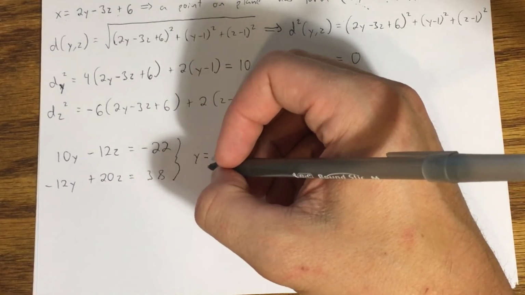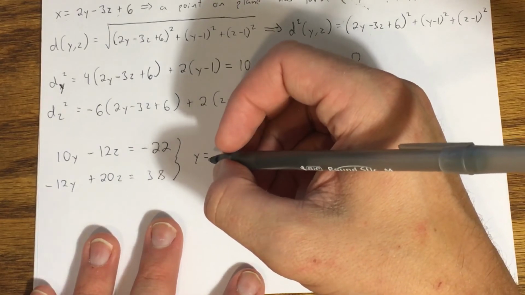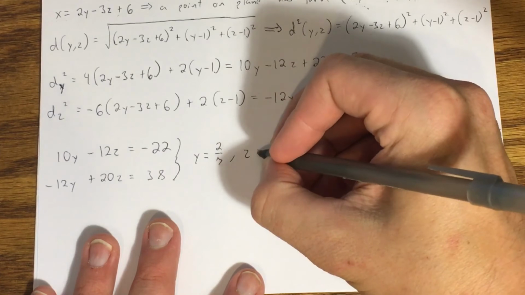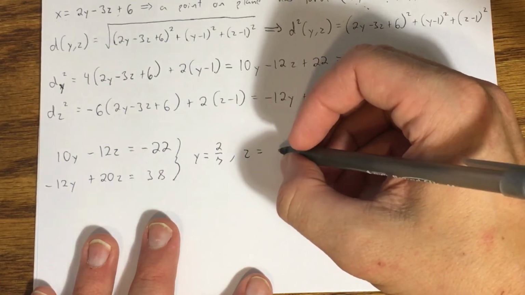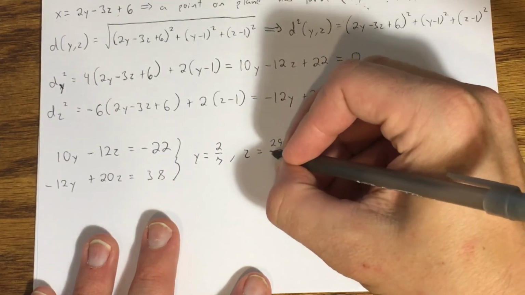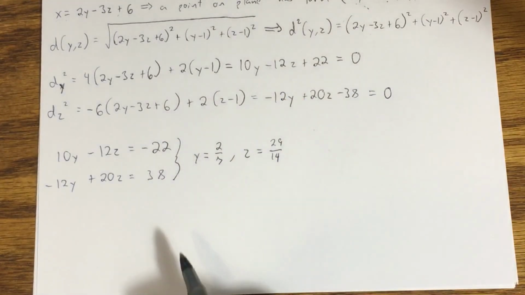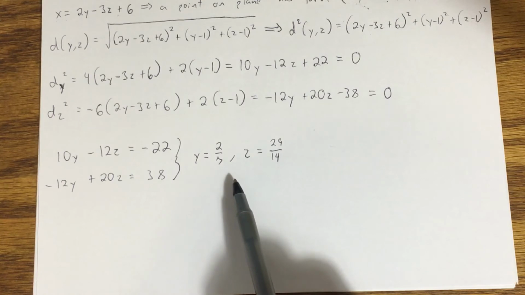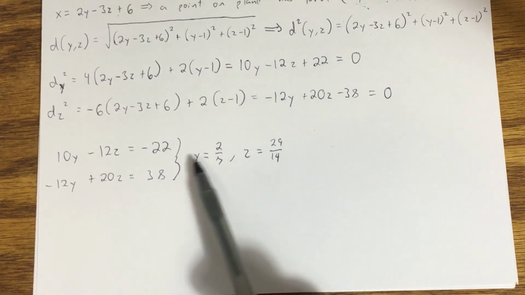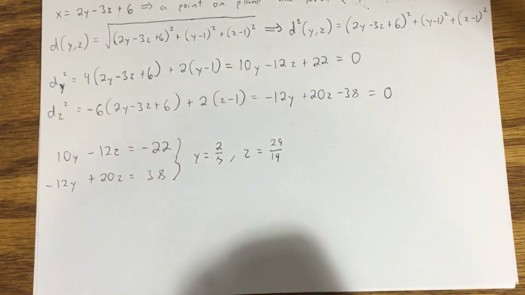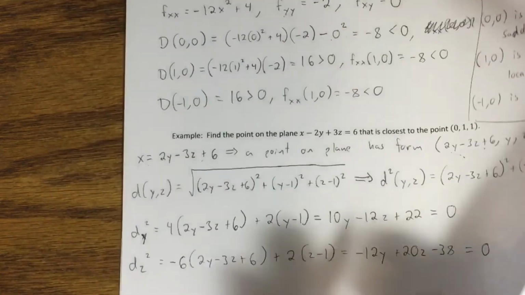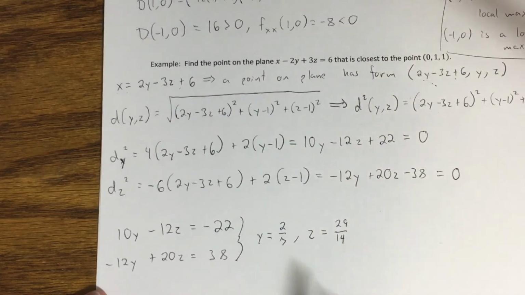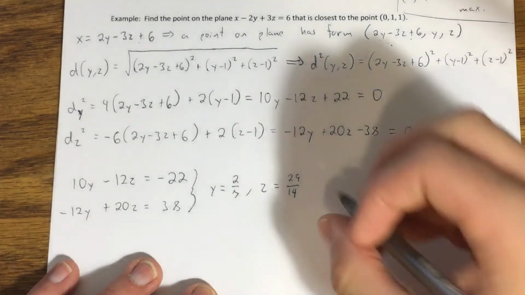If you solve this system of equations, what you should get is y equals 2/7 and z equals 29/14. All that remains is to find the value of x that would give us the point that we're looking for. But we have an equation that relates x to y and z. So I'm going to plug these y and z values into that.